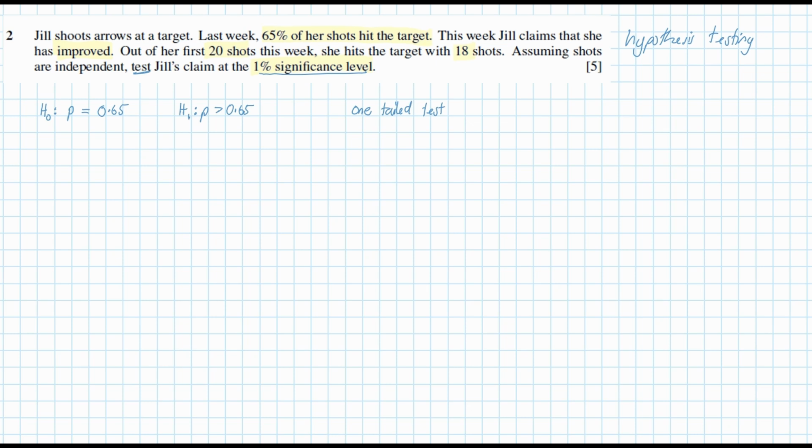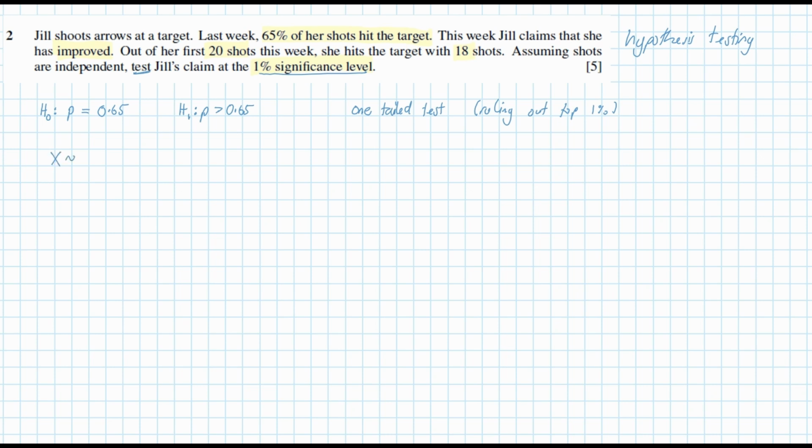So it means ruling out the top 1% of this distribution. We're going to say anything in the top 1% is questionable whether it is part of this distribution with p equaling 0.65.